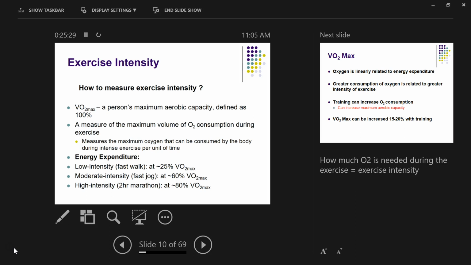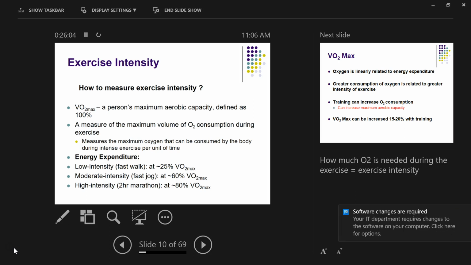And then you measure the oxygen that can be used by the body during the exercise per unit of time. So how much oxygen can be used during exercise per unit of time, for example per minute or per hour or whatever they use. Then you can determine each individual's maximum oxygen capacity, right?